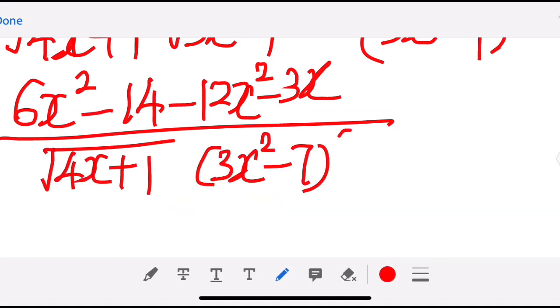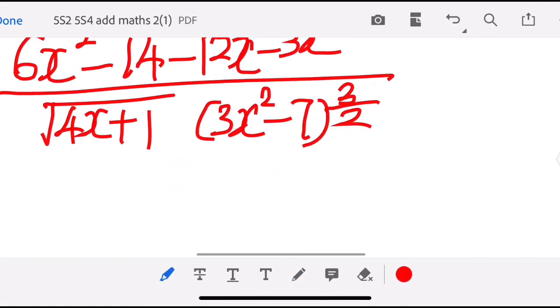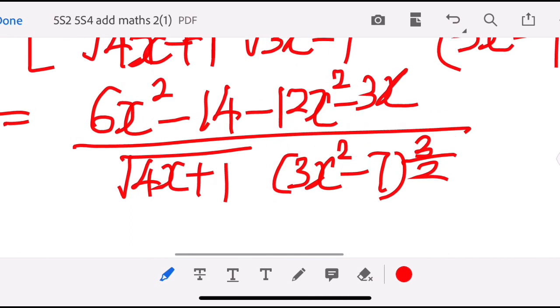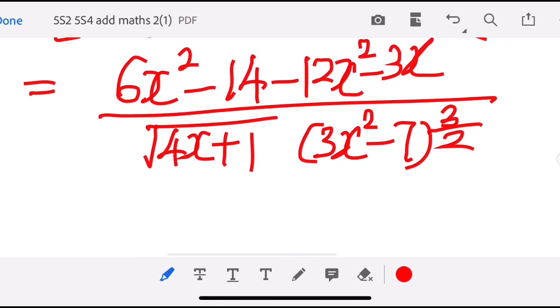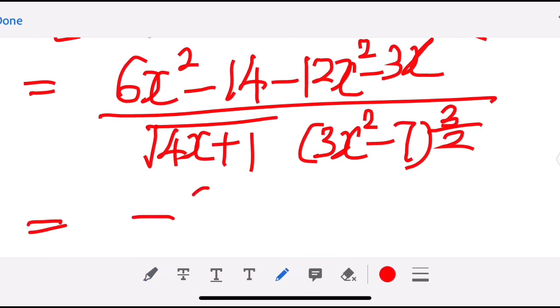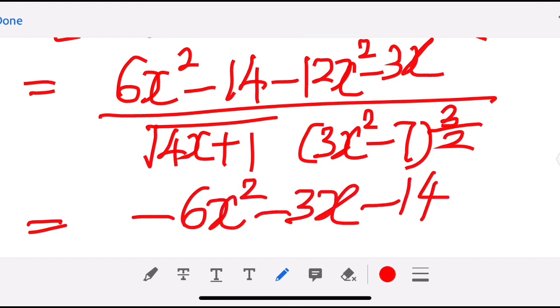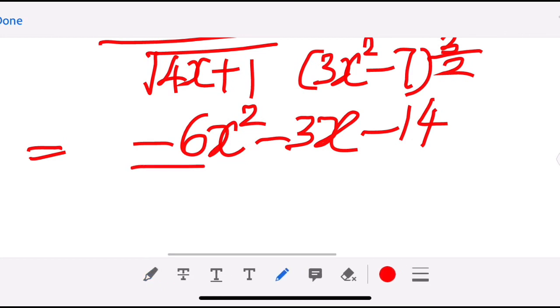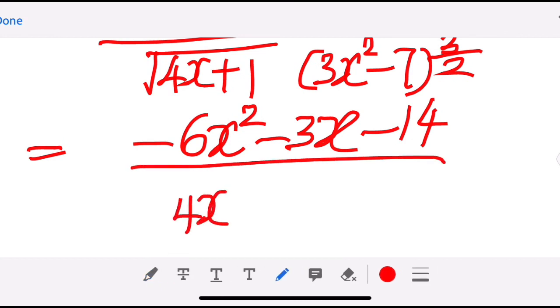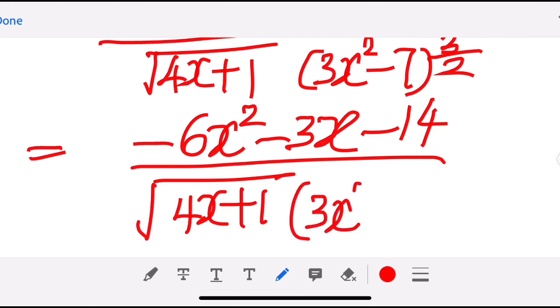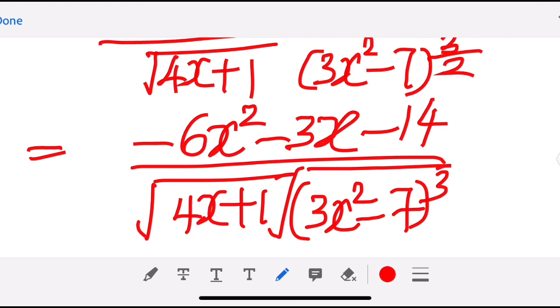So finally we have the simplest answer like this: negative 6x squared minus 3x minus 14, over the square root of 4x plus 1, times the square root of 3x squared minus 7 to the power 3.